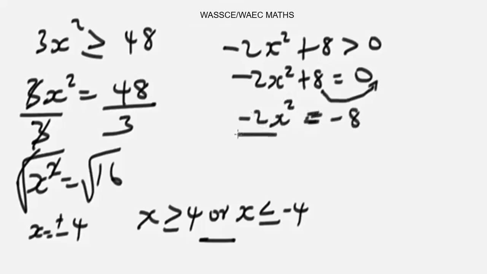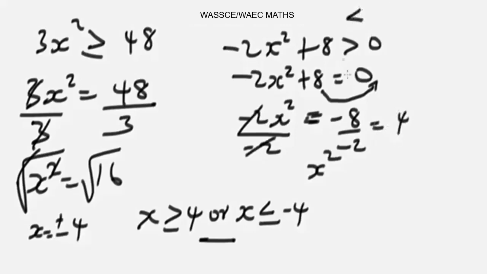Once you are done with this, divide both sides by minus 2. That means we have x squared equals minus 8 divided by minus 2, which gives us 4. That means this sign will change to less than, since we divided by a negative number. Okay, so we're going to have x squared less than 4.